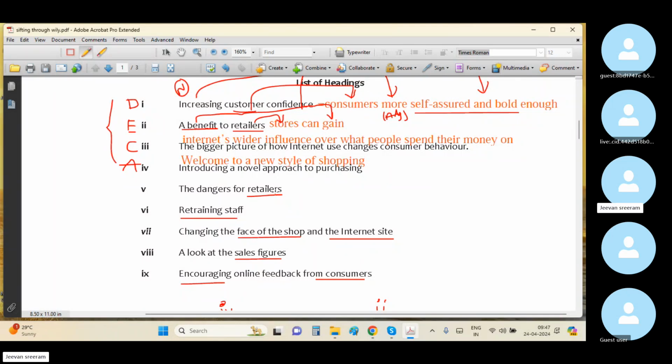Retailers means sellers here, offline sellers. The sellers get problems or issues. Sellers may have to deal with issues. The sellers may be in trouble, right? That's how you should be able to understand.